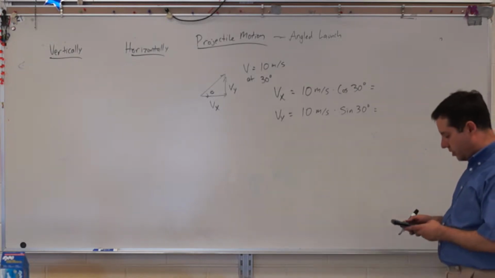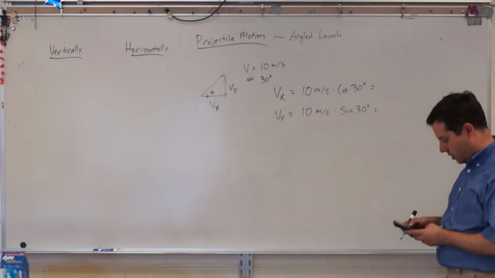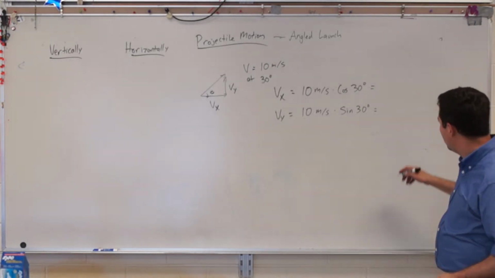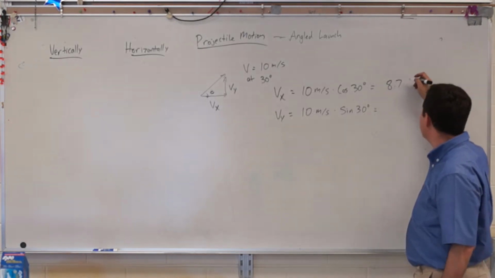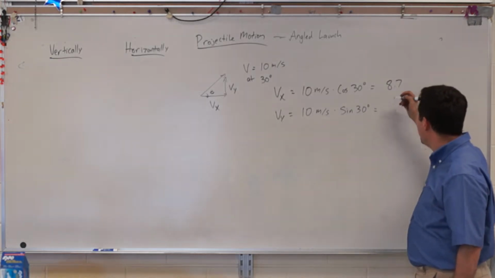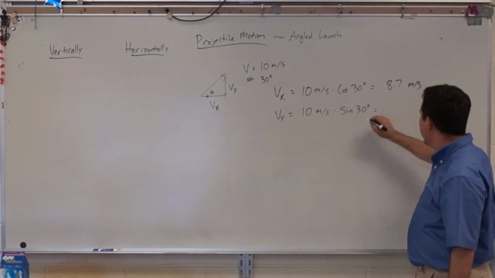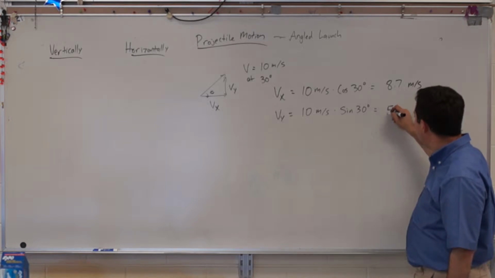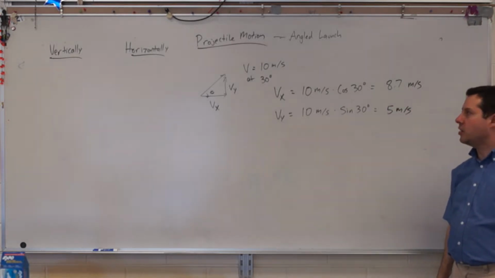You can put this into your calculator, though I don't really need one, because v sub x should equal approximately 8.67 meters per second, and v sub y is going to equal 5 meters per second. So those are your initial launch conditions.